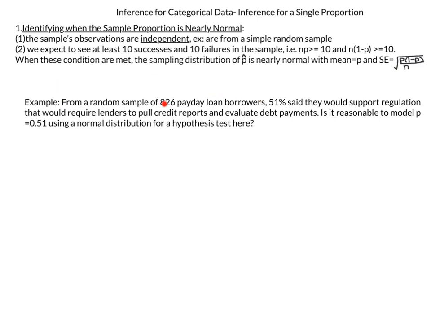Continuing with this payday loan, let's say 51% said they would support regulation that would require lenders to pull credit reports and evaluate debt payments. Is it reasonable to model p hat equals 0.51 using a normal distribution for a hypothesis test here?